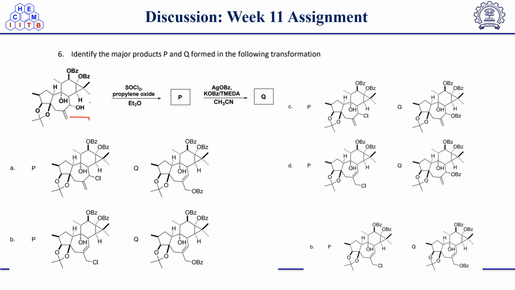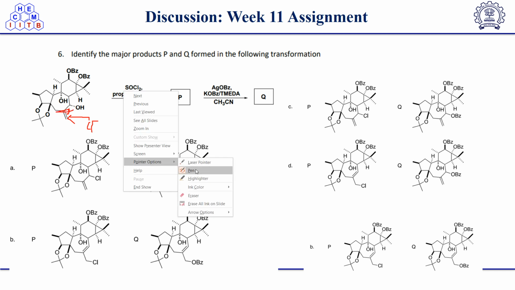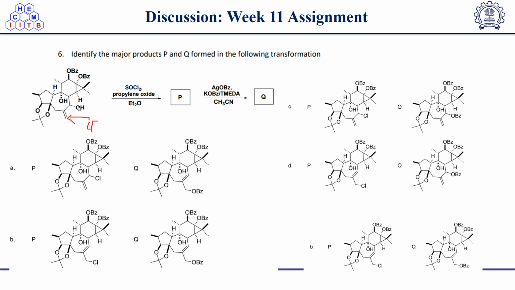So the correct answer is option B. So Cl minus from SOCl2 will attack at this center, and this bond will be shifted to here, and this OH will get eliminated. So here it will be Cl, CH2, and here one double bond will be there. So the correct answer is option B.